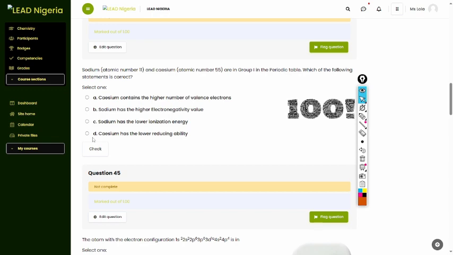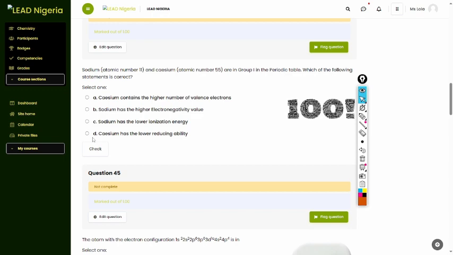Now, cesium has a higher period than sodium, so it's down the group in the periodic table. And going down, the electronegativity value decreases, which means sodium has a higher electronegativity value than cesium.